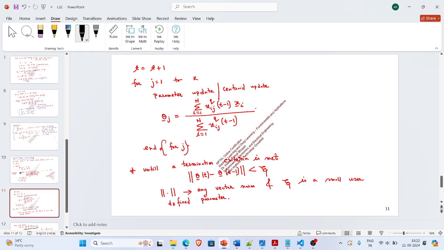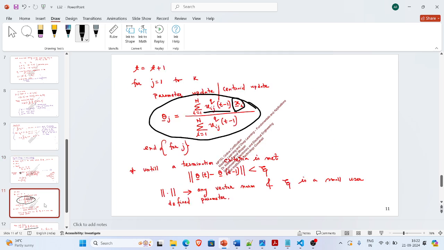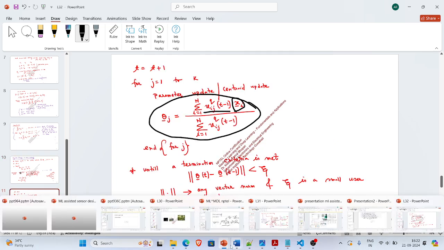This is how we calculate the cluster centers, which is the weighted mean of the data points, with the membership grade as the weights.